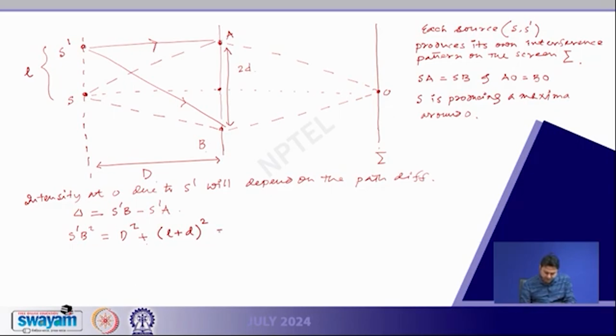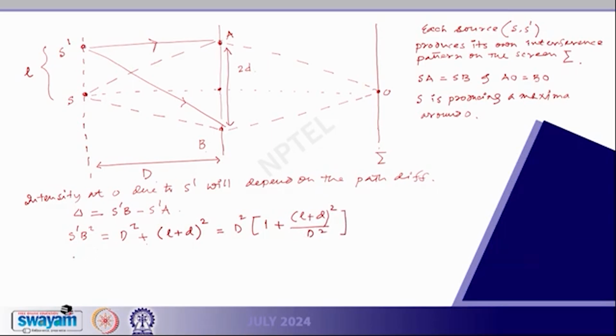So I can write this as D square times 1 plus L plus D divided by D, whole square.